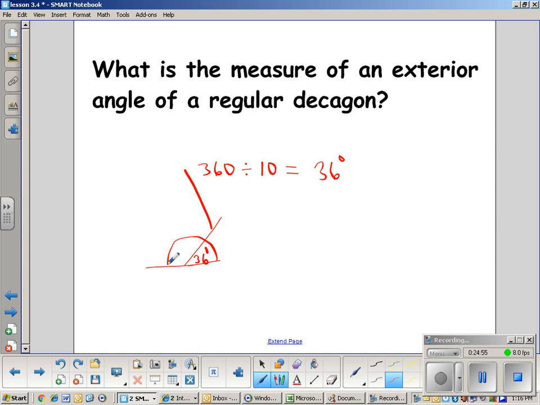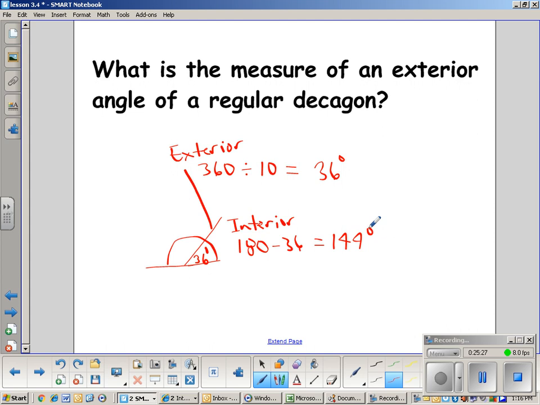Say it again, Megan. You subtract 36 from 180. Yep, so 180 minus 36 is? 144. So the interior angle is 144 degrees. The exterior angle was 36.